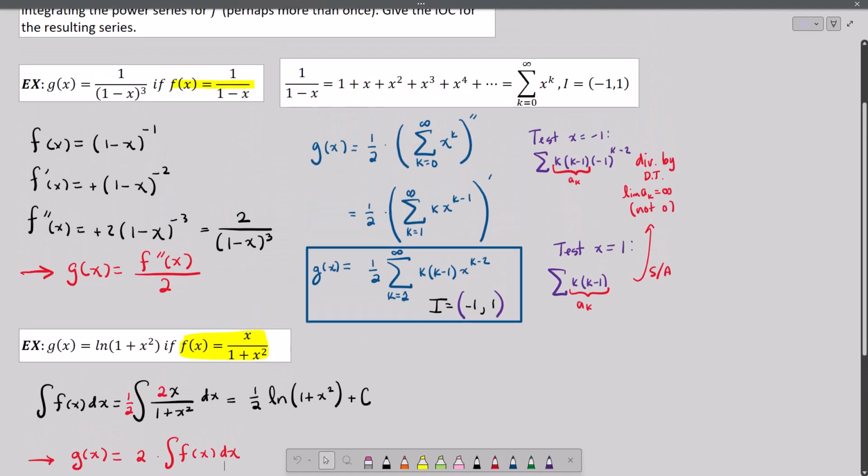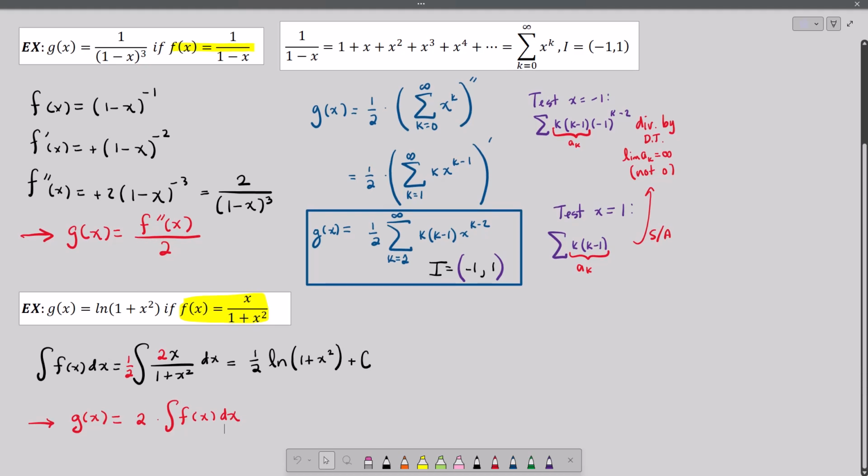So let's go ahead and build f first. So we know the geometric series right there. And we need to build this from that and then possibly modify the interval of convergence if necessary. So the first thing I notice is that we need to have a plus in the bottom instead of a minus. And then we need to have an x squared instead of an x.